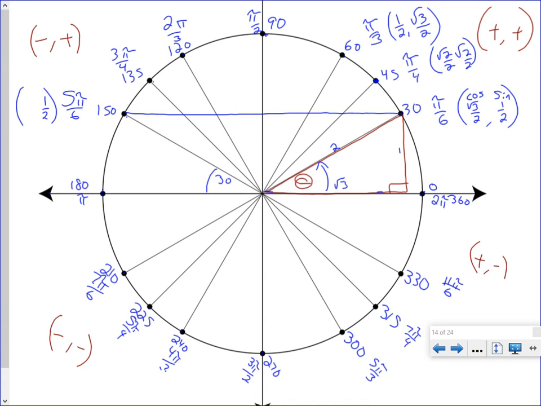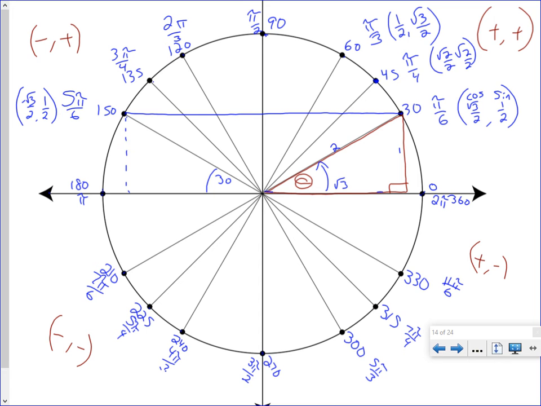Now, it's going to be negative because what becomes negative in the second quadrant? The x value. So the x value becomes negative. What's negative for x? It's cosine in the second quadrant. So you get negative √3 over 2. Same deal happens with the 45.